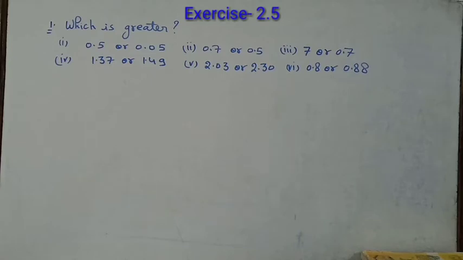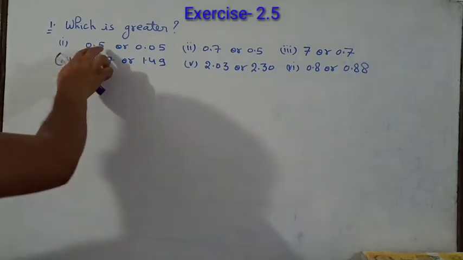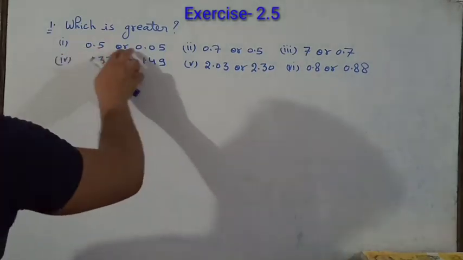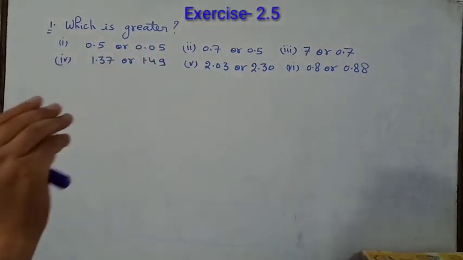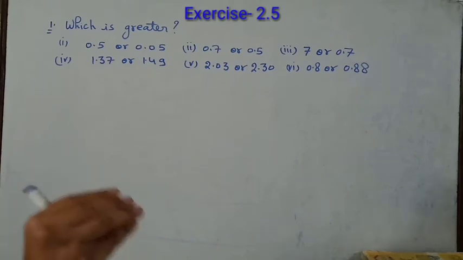Now we are starting exercise 2.5. Question number 1, which is greater? We have given two quantities, 0.5 or 0.05. So we have a method for you.